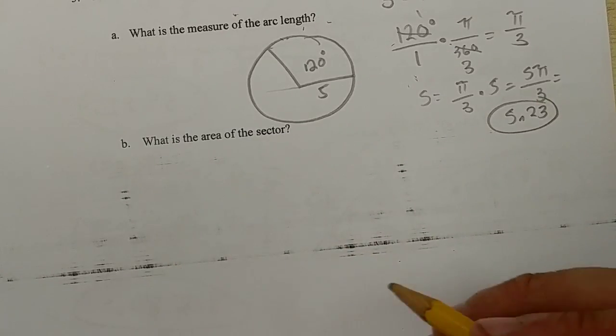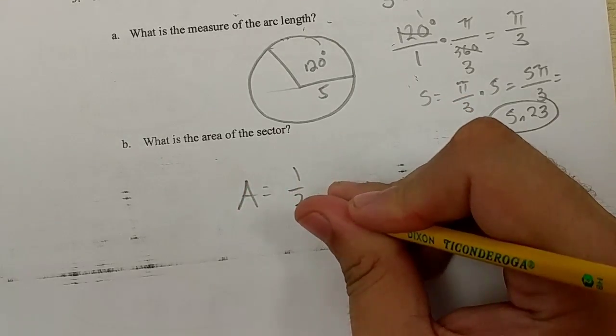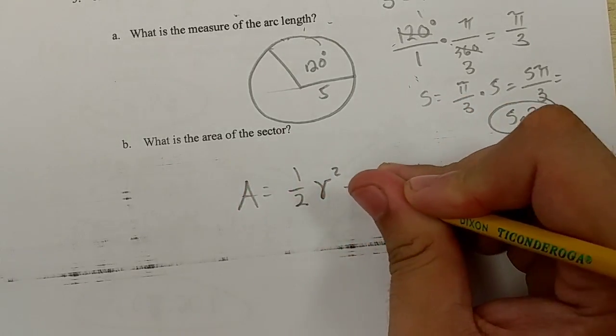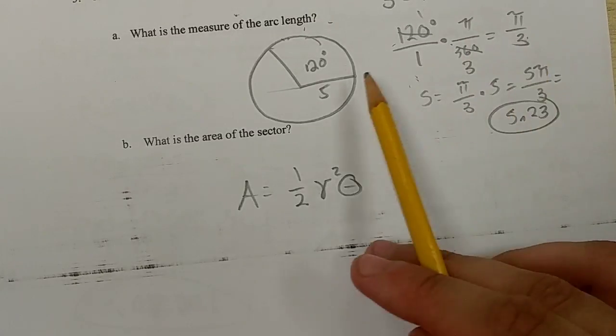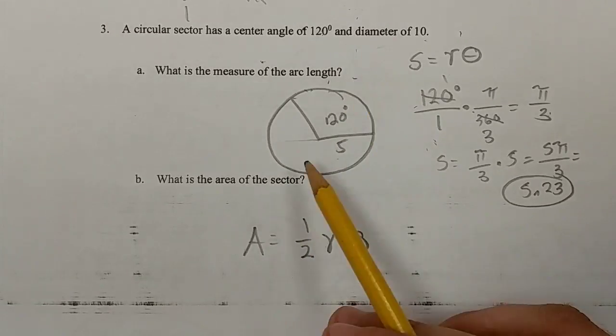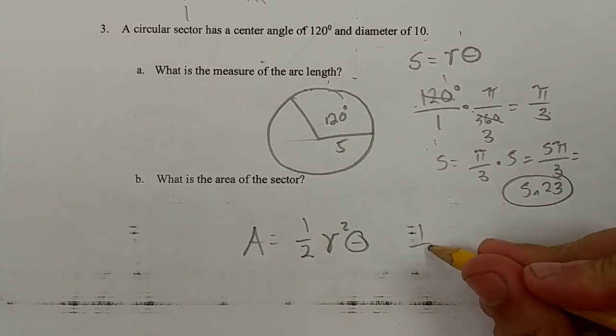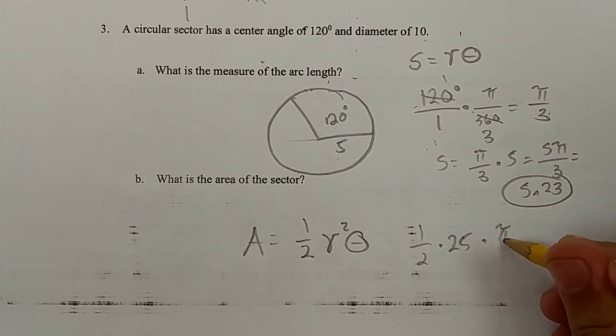The area of the sector. To find the area of the sector, it was area equals 1/2 r squared theta. Now, I already changed my theta into radians, and I already changed my diameter into radius. So I can just plug this in. 1/2 times 25, that's 5 squared, times pi over 3.